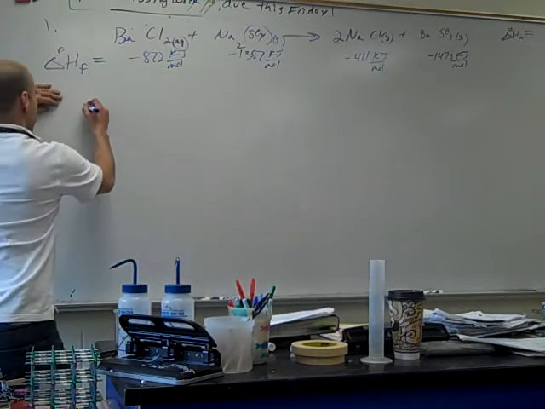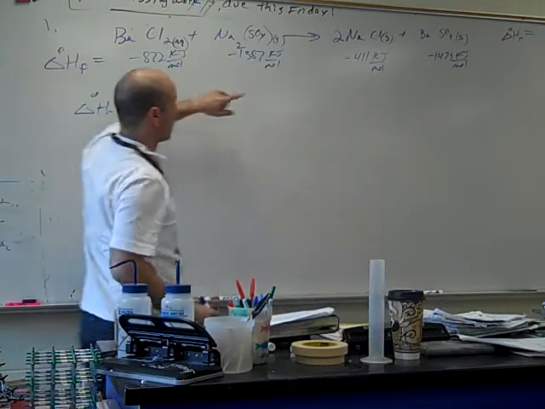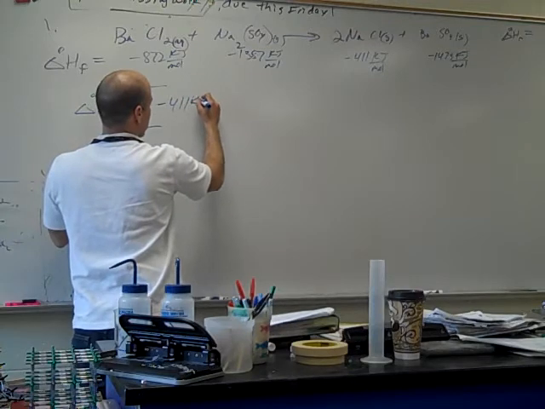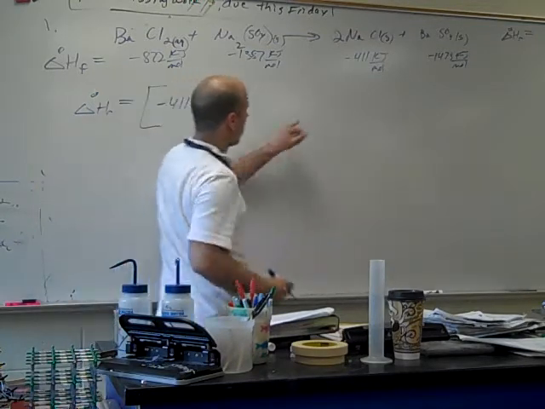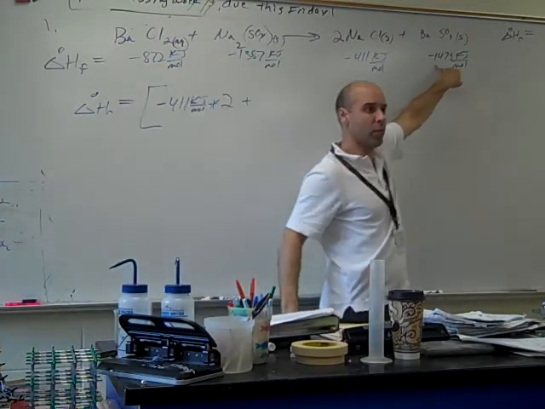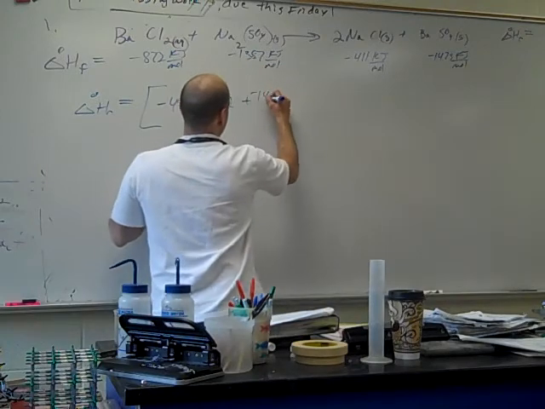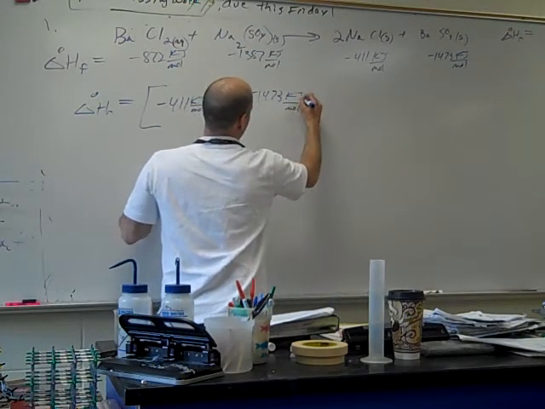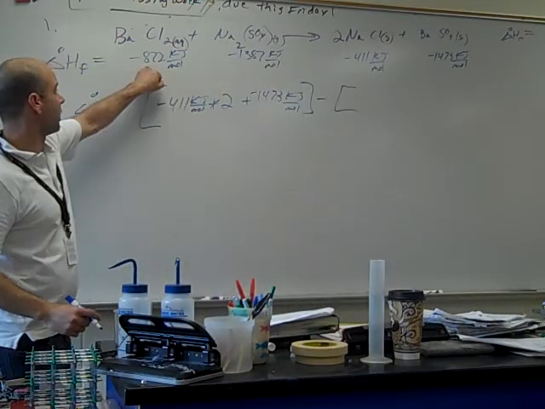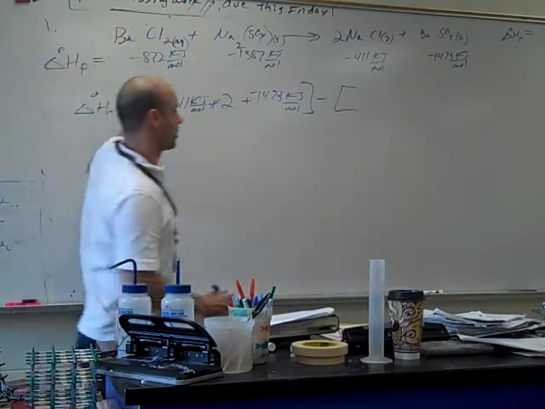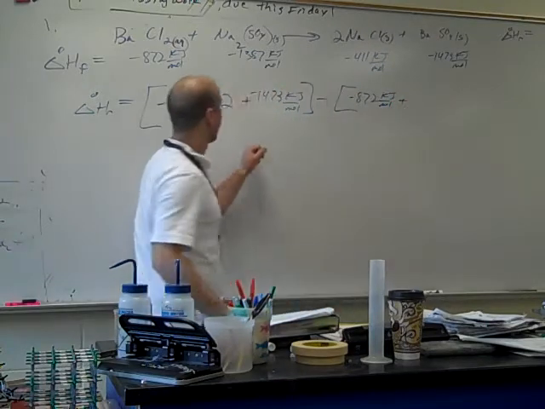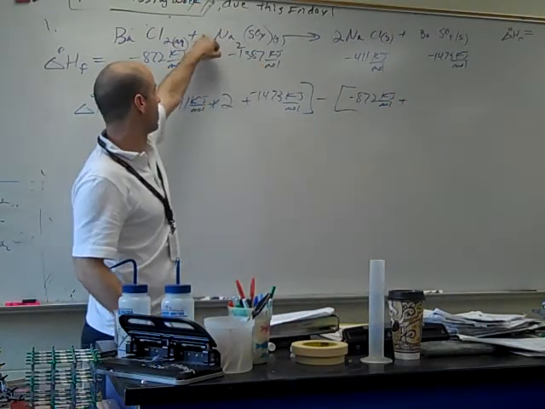Now we do the products minus the reactants. Here are our products. So -411 kilojoules per mole. We multiply it by 2, because there are 2 moles of sodium chloride. And we add the other product, which is -1473. Then we subtract the reactants. -872 times 1. Add the other reactant, -1387 times 1.